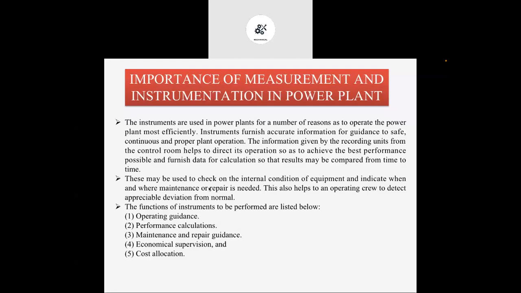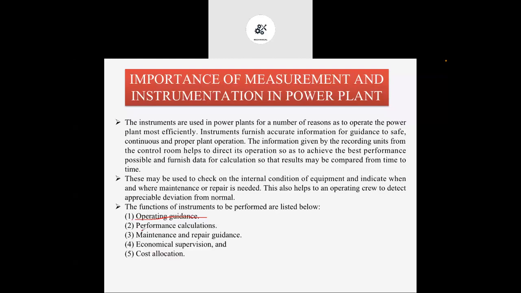The instrumentation is also used to take the internal condition of the equipment, and to indicate when or where maintenance and repair are needed. So we use different types of instruments for preventive maintenance as well. The main function of the instrument is, first of all, operating guidance, to check whether the power plant is working smoothly and in an efficient manner.